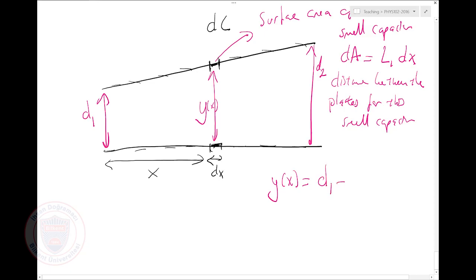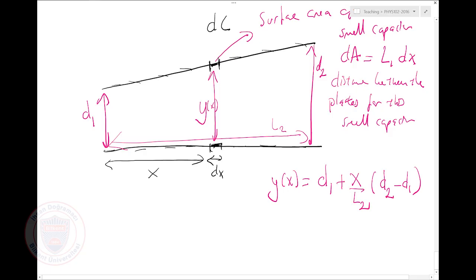When x is equal to the whole length L2, what must it be? It must be d2. So it's x over L2 times d2 minus d1.